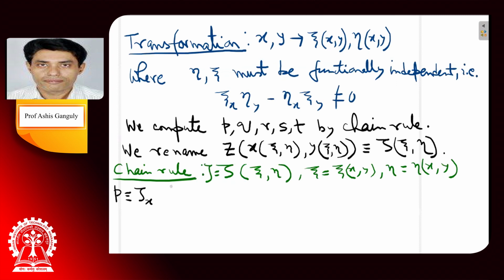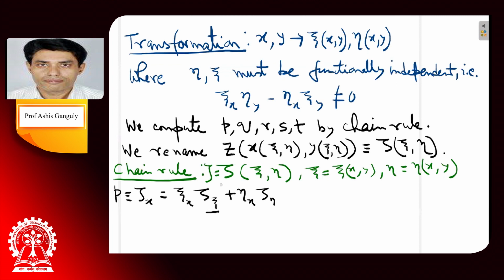So now if you use the chain rule, you will have two terms from here: xi x zeta xi plus eta x zeta eta. Should I explain this? I think it is clear because zeta is a function of xi, eta. When you differentiate zeta with respect to xi, you have this term with a factor xi x.